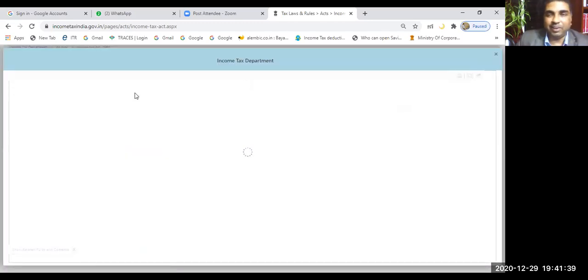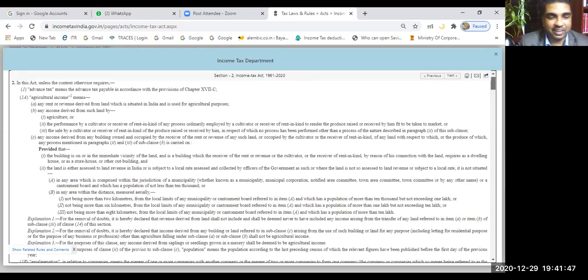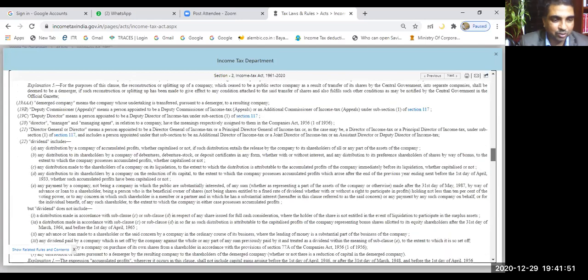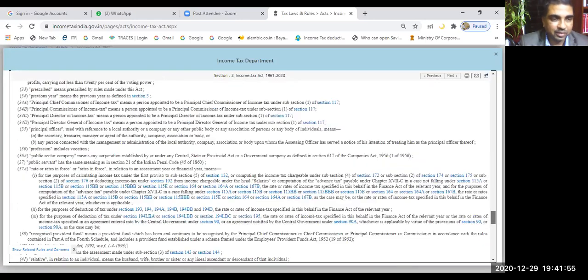And here you are looking for the definition of what? Previous year. You see it is alphabetical, and you already know it is provided in section 2 clause 34. So directly I will go to clause 34. Can you read it?